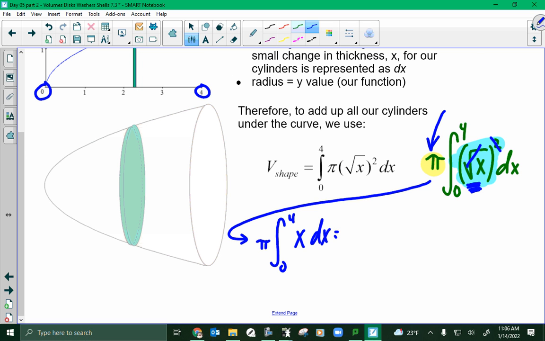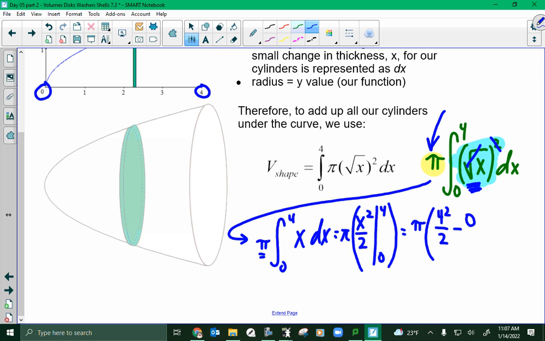If I integrate x, that gives me x squared over 2. I want that from 0 to 4. And let's not forget we're multiplying it times pi. So let's put in our 4 and 0. I have pi times 4 squared over 2 minus 0 squared over 2.